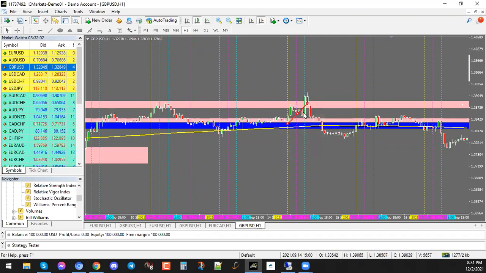I would not have gotten into this one, because I did not get a retest of the order block and close above after getting a complete 3-wave structure. I would have missed this move up. And what I would be doing after this move up is waiting for price to stay above the order block, come back and retest it before I look to take another long.